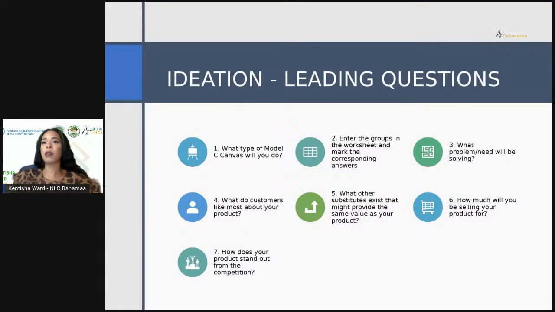Okay, so some of the past questions that we had were the ideation leading questions. The first question, what type of Model C Canvas will you use? So thinking about the different type of businesses that you're going to start focusing on, or if you're already in business, maybe a different avenue to making new revenue streams for the business that you are in.